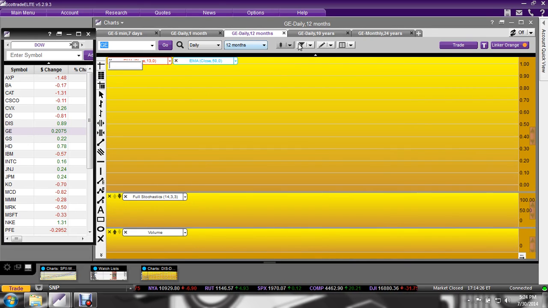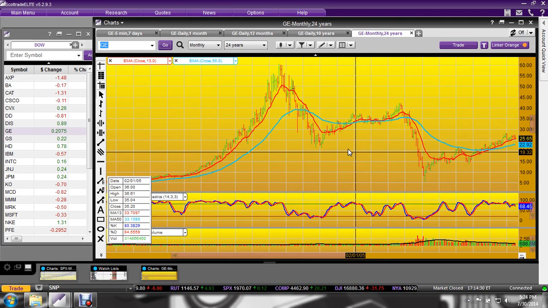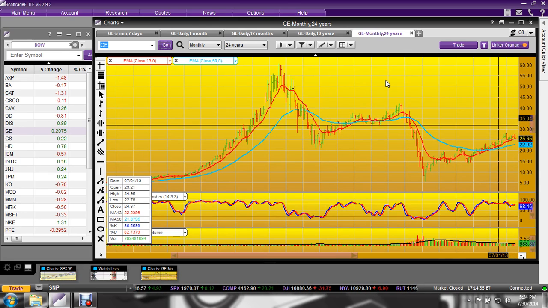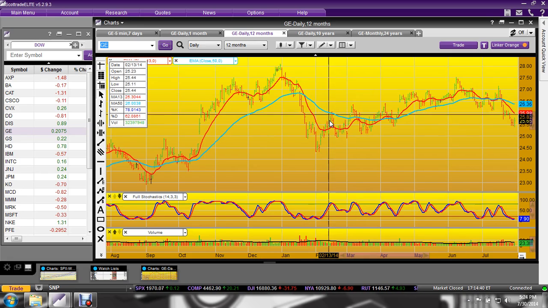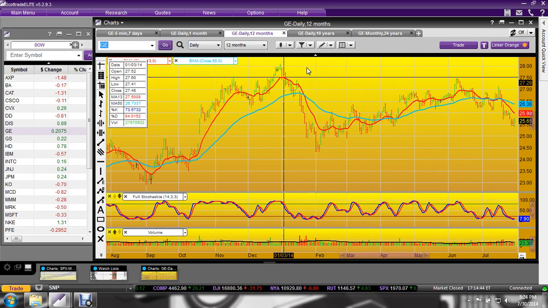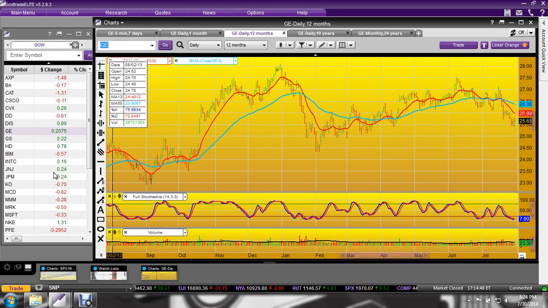GE found resistance at a previous level that's below all-time highs, and pulled back from it earlier, but wasn't able to rebound back and recapture that resistance level, and now is trending down again.